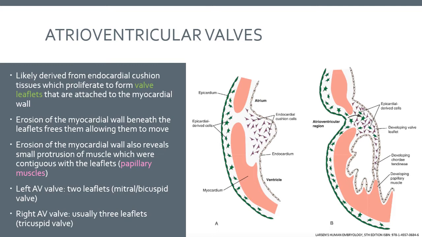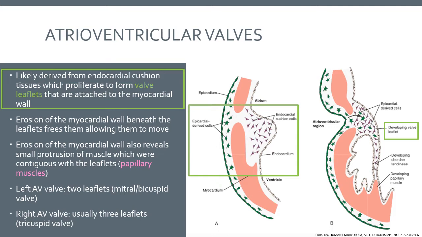Okay, so what we think happens in the development of these valves is that they develop through a similar process to the formation of the endocardial cushions that produce septum. In this case, we're getting endocardial cushion tissue that proliferates along the wall of the myocardium, but it's going to form the leaflets, or the flapping pieces that compose the valves.